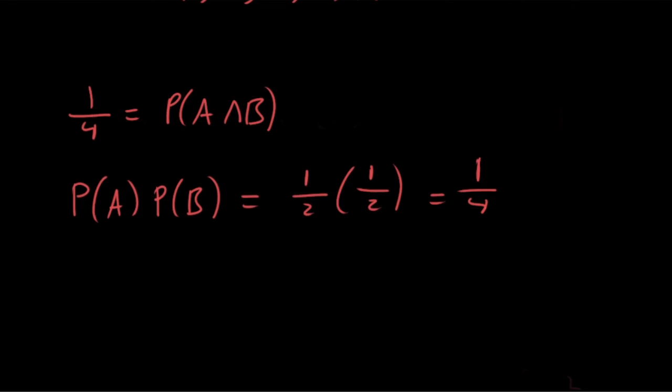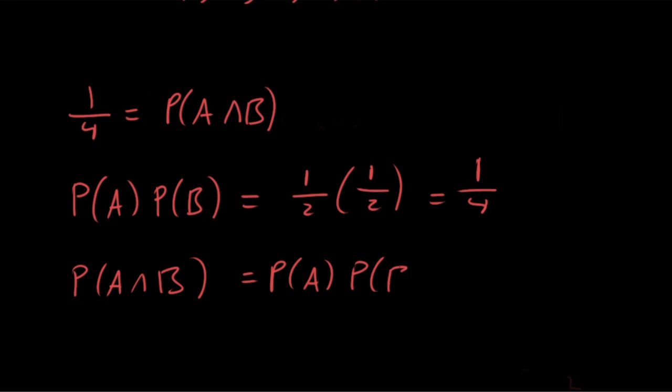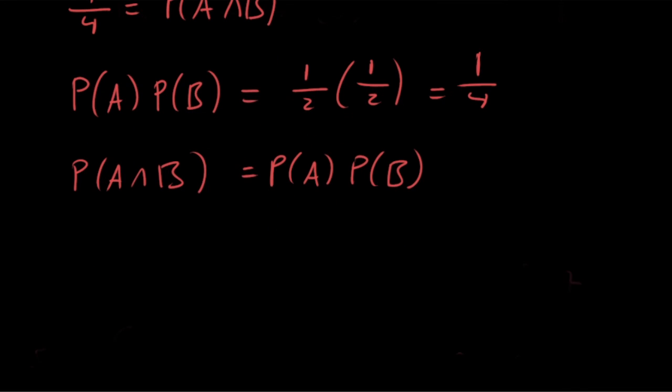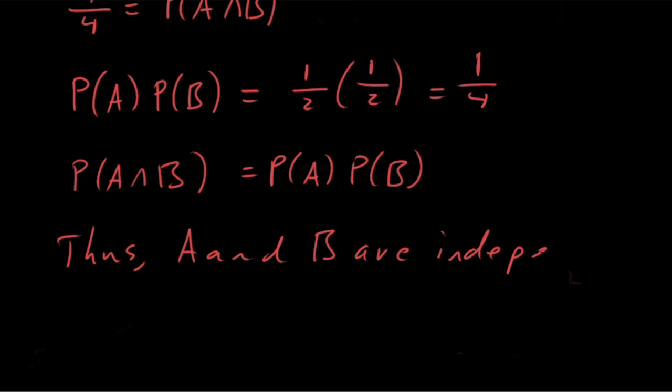So we have that the probability of A intersection B is equal to the probability of A times the probability of B. Thus, A and B are independent. All right, that's it.